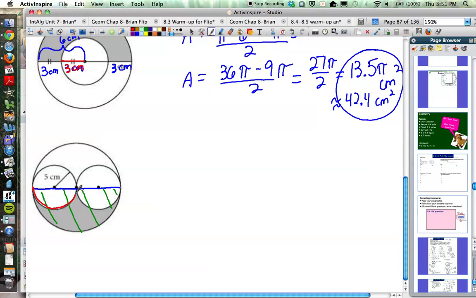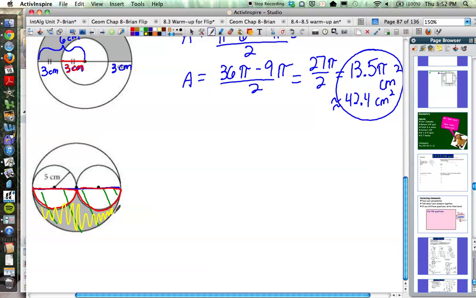This little area right here, and this little area right here. So if I could subtract off those two semicircles from my green area, then I would have the shaded area left.